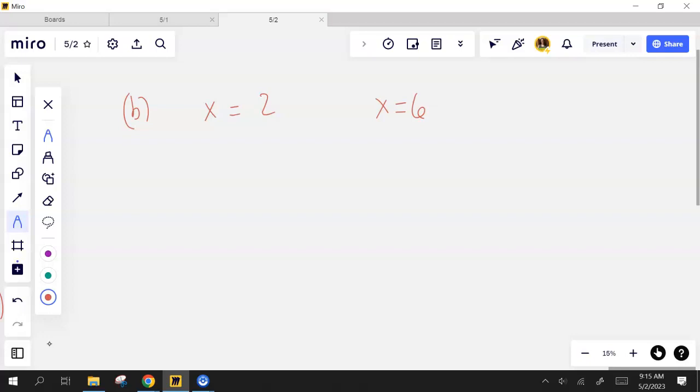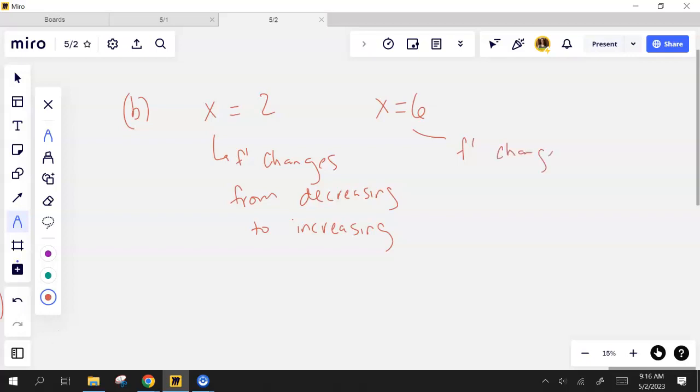So at x equals 2, f prime changes from decreasing to increasing. And at x equals 6, f prime changes from increasing to decreasing.